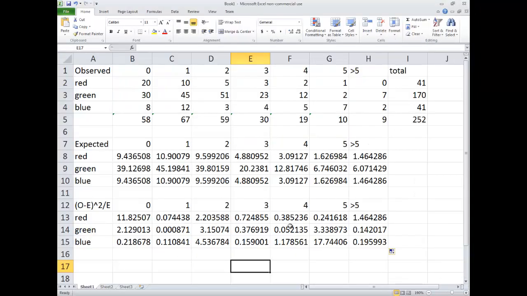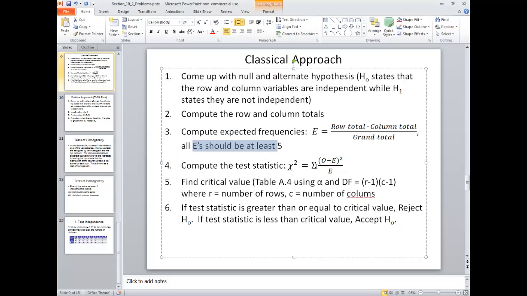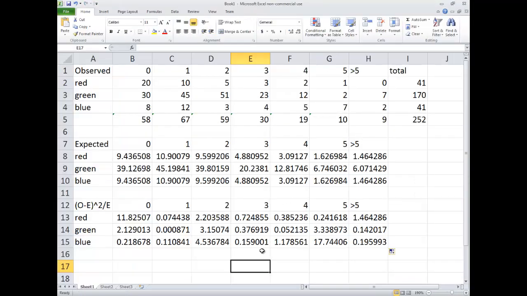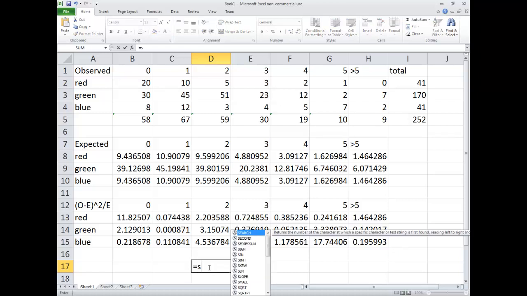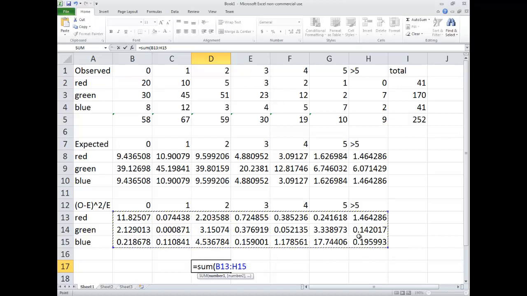So this right here would be what we're looking for on this. Now this sigma in front of it says we're going to add all these together. So I'm going to do equals sum, beginning parentheses, and I'll click in this first cell, hold down my left mouse button, drag it over, and then do a close parentheses.